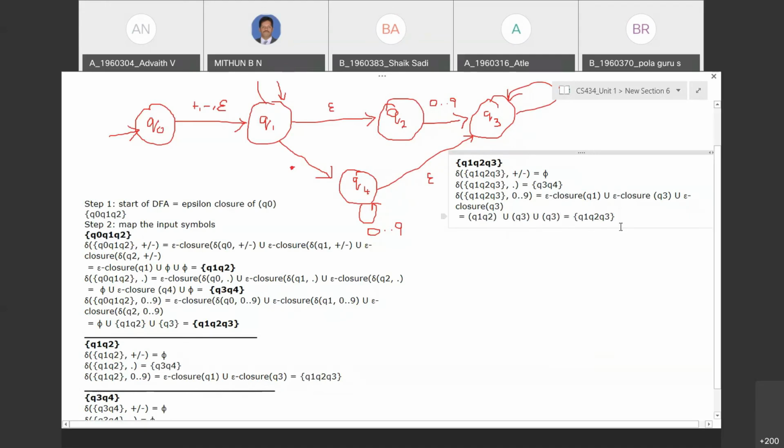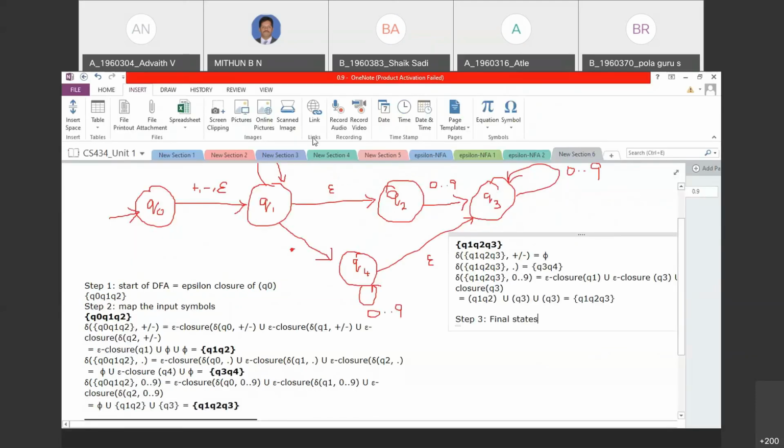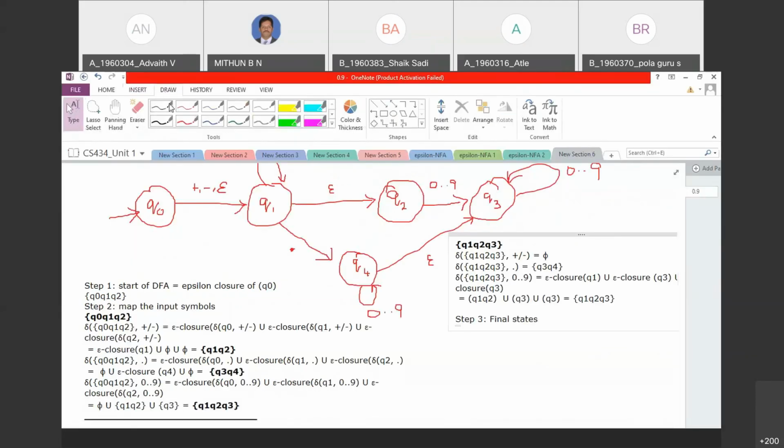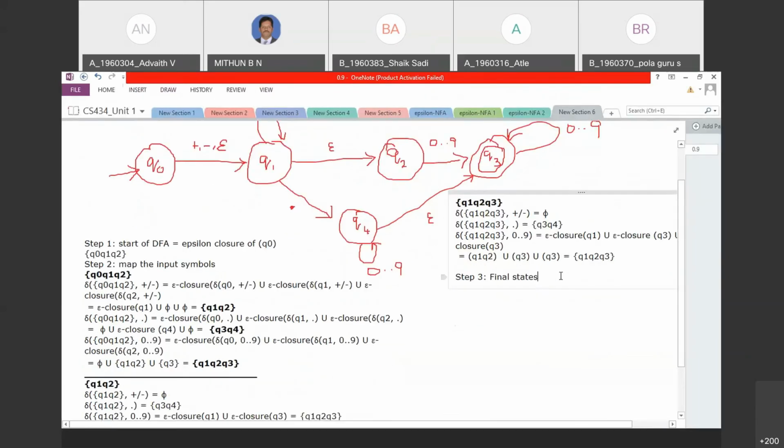Yeah. So then step 3, we should check the final state. Sorry, in this, Q3 is the final state. I forgot to mention that. Now we need to check the final states of DFA.